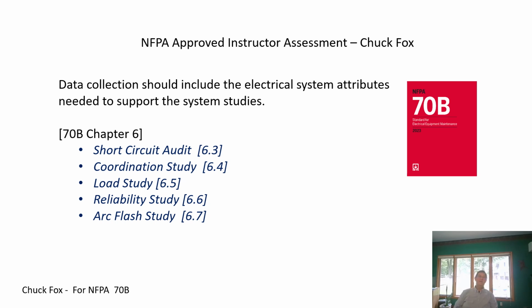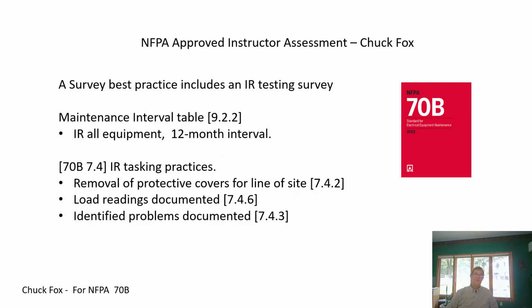And now we have the additional studies of reliability and load. So combined, those may and do create additional data elements needed in order to be merged with the existing electrical system inventory data as an overall composite data set needed to, again, manage the overall electrical maintenance program.